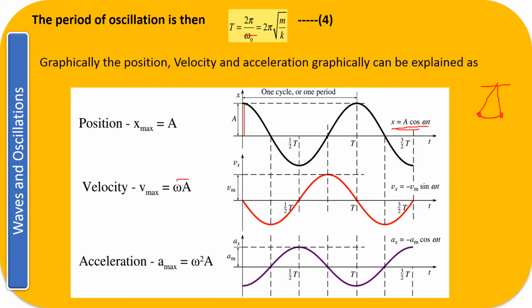Omega into a will be your maximum velocity, all right, because for the maximum, the angle should be equal to 90 degrees. So sine omega t should be equal to 1, and this value should naturally be equal to minus Vm. So this is what I have represented over here.